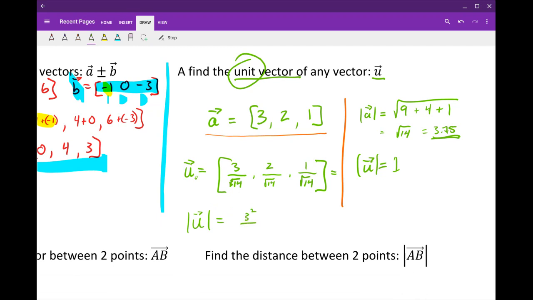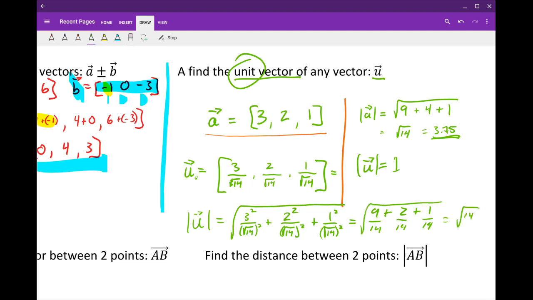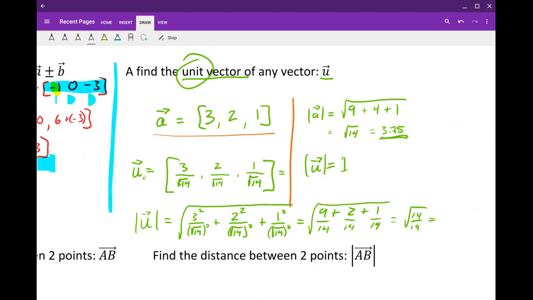So it would be 3 squared over the square root of 14 squared, plus 2 squared over the square root of 14 squared, plus 1 squared over the square root of 14 squared, which is essentially 9 plus 4 plus 1 over 14, which is 14 over 14, which is 1.